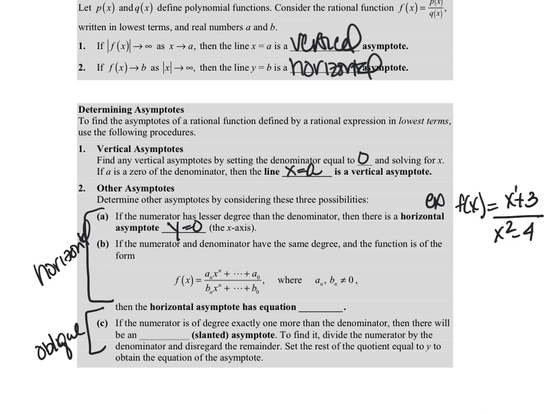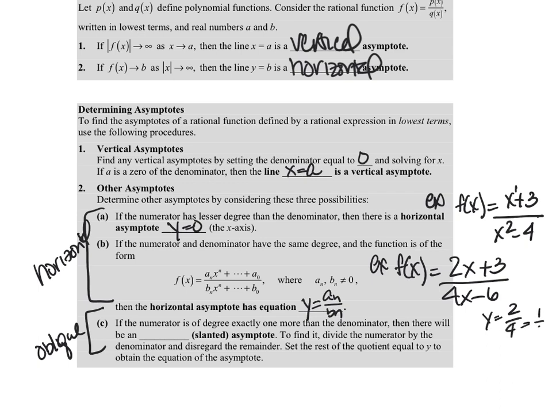The numerator is of degree 1, the denominator is of degree 2, so the numerator is lesser degree. If the numerator and denominator have the same degree, the horizontal asymptote has the equation y equals a_n over b_n. So an example of this, if f of x equals 2x plus 3 over 4x minus 6, they're the same degree. So you do 2 over 4 and you simplify that to 1/2.